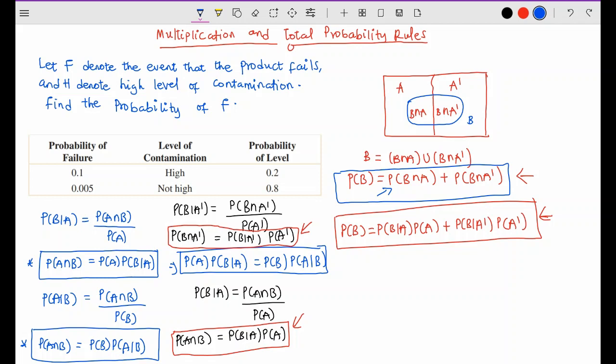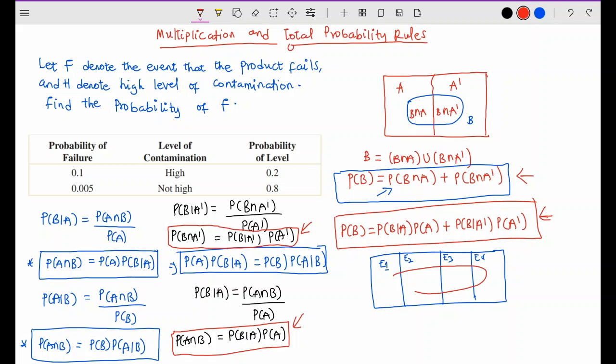Okay, so let me use another scenario to explain this. There can be a situation whereby you will have the sample space split into many sub events. You can have another sample space here where you split it into 4 events. So you're going to have event E1, E2 here, E3 here, and E4 here. And then let's say you have another event B which cuts across all these events.